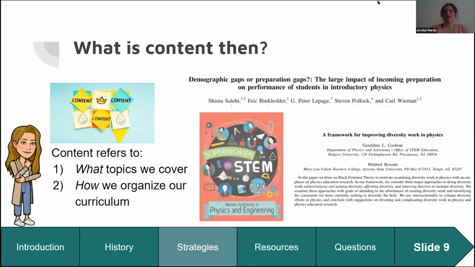One way that we can also do this is by teaching physics with history in mind. As I mentioned, history is a very important and big part of equalizing diversity and inclusion topics. So discuss and bring up where we get these ideas from and relate them to women and people of color within the institution of physics.